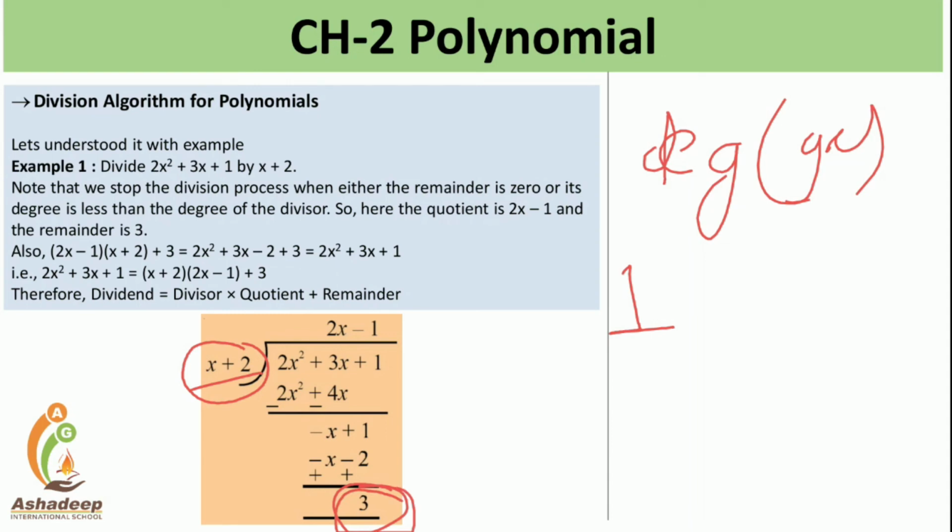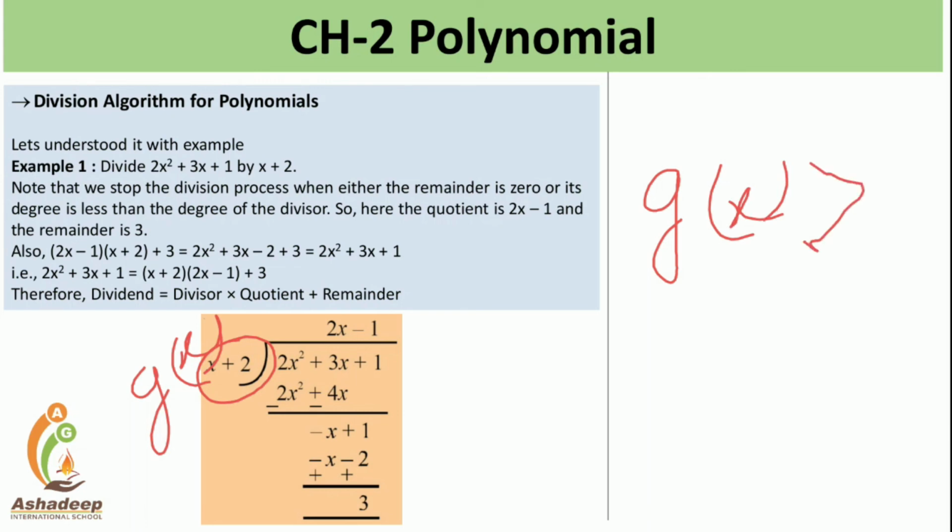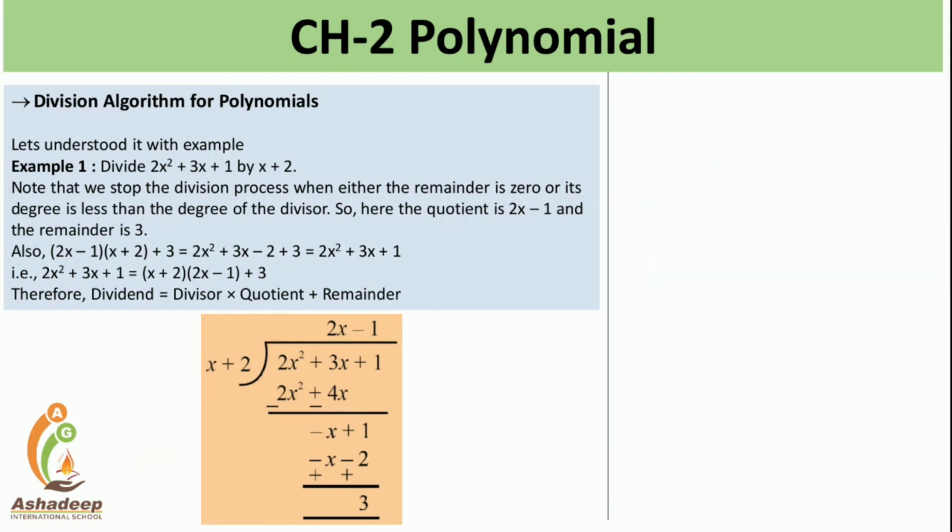It is obviously 0. So the degree of divisor is always greater than the remainder. That we need to keep in mind. Degree of g of x is always greater than the remainder r of x. Get it? This thing you must remember.